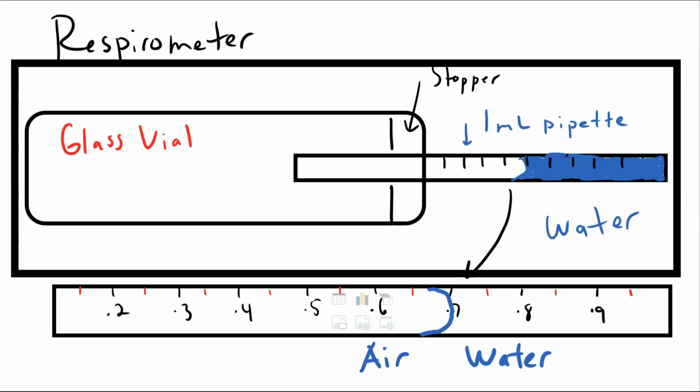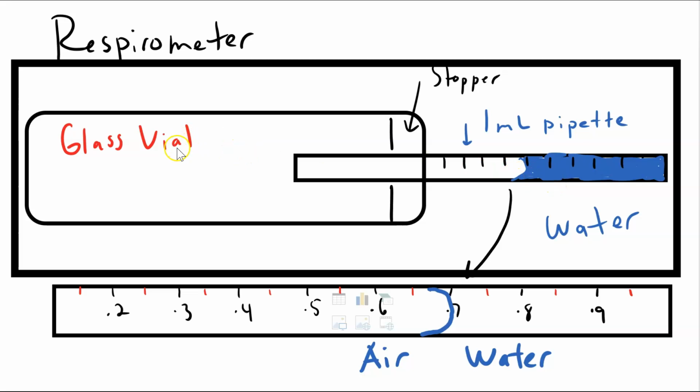Basically, for the respirometer, we're going to take trays of water and submerge the respirometer into the water. What happens is water rushes into the tip of the respirometer up to a certain point, and from there on is the air from the glass vial pushing back against that water bubble.